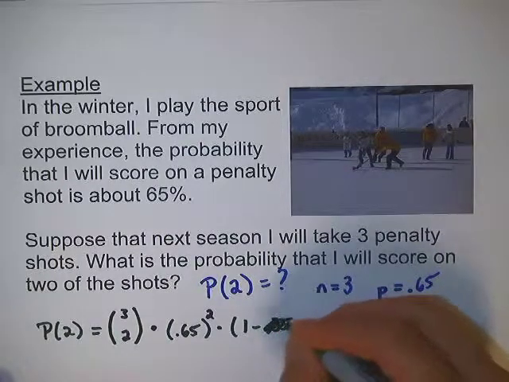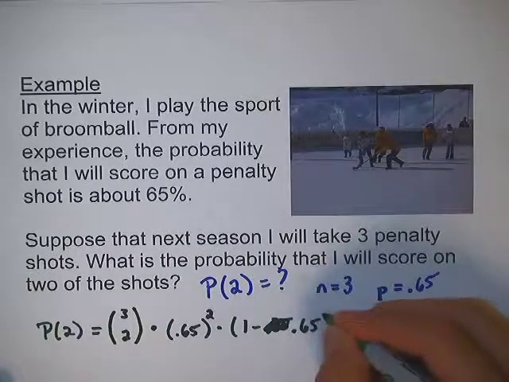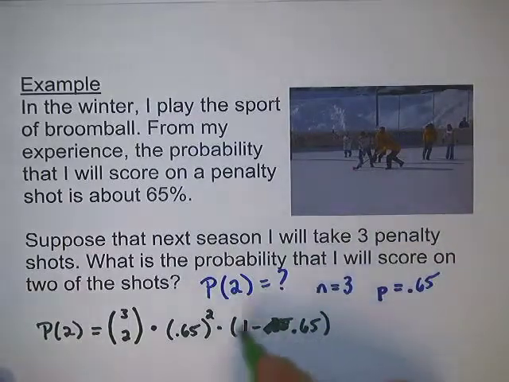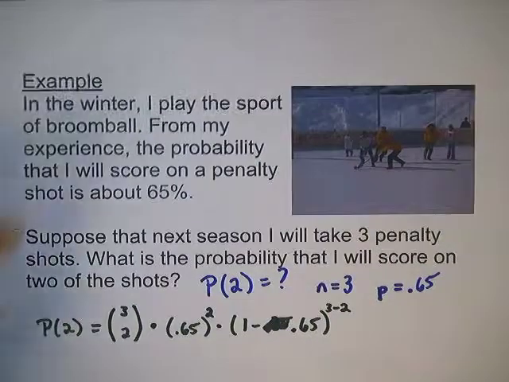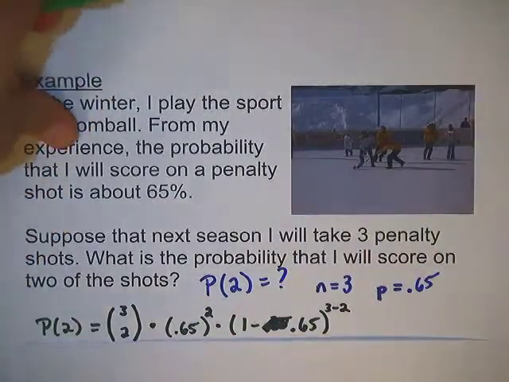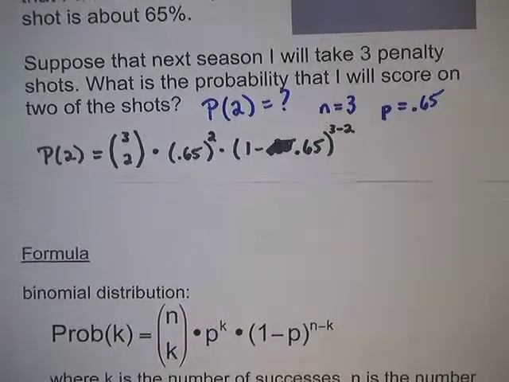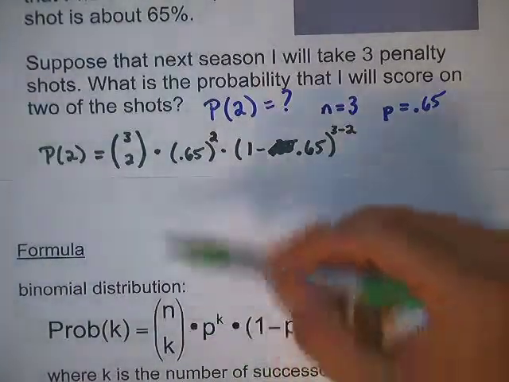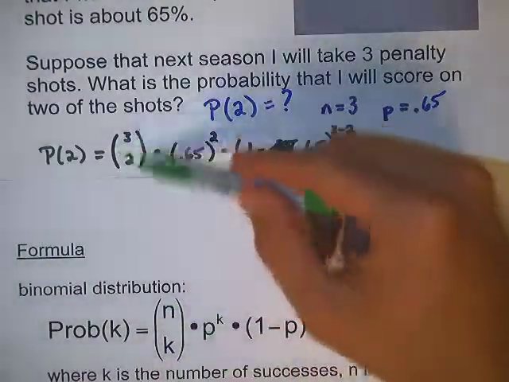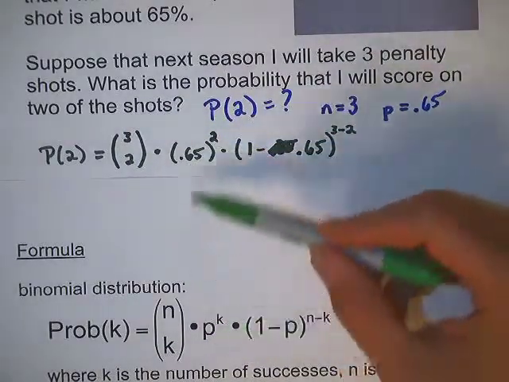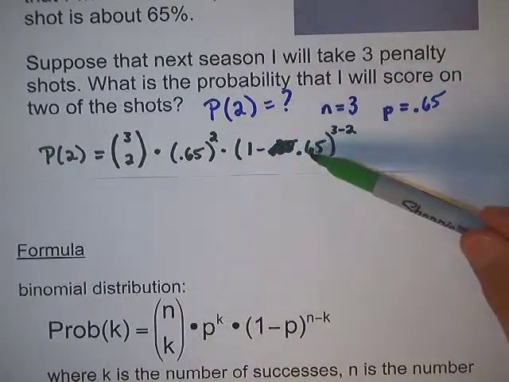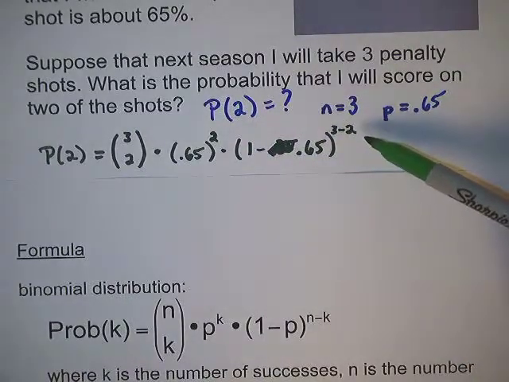So 1 minus 0.65 is going to equal 0.35, and then to the power of n minus k, so 3 minus 2. Now if we match that up against the formula that we had here, we can see that we have n choose k, the probability of success 0.65 to the power of k, and then 1 minus 0.65 to the power of n minus k.